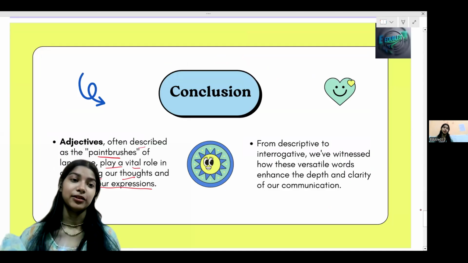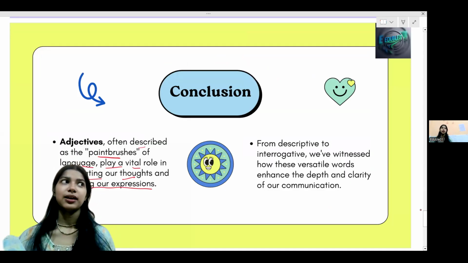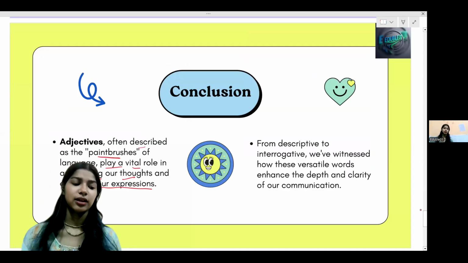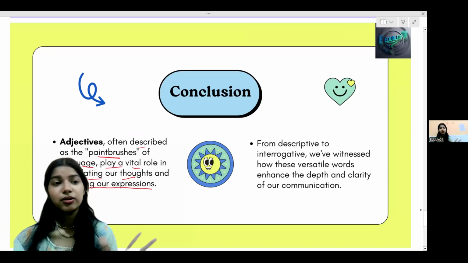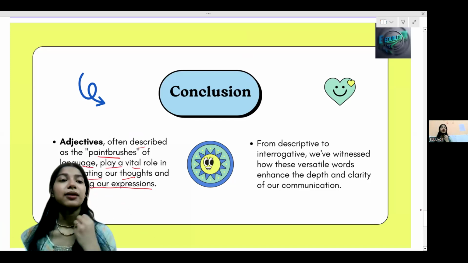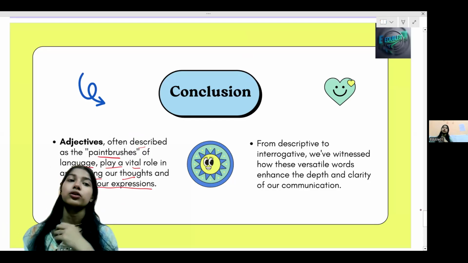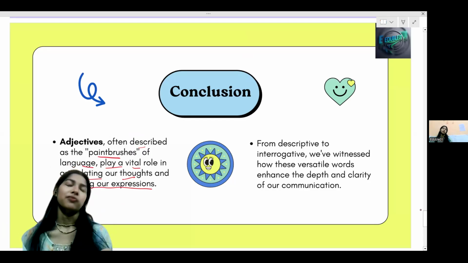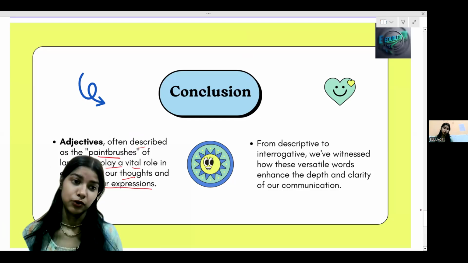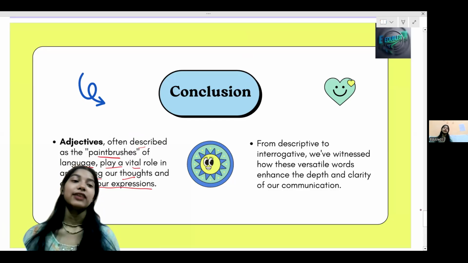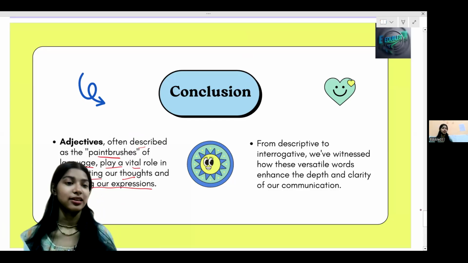How are we going to make the painting, right? We can make a painting with our fingers, but it will not be good. It will not be that professional. So we need a paintbrush for making a painting. Just like that, we need adjectives for making a sentence in grammar.